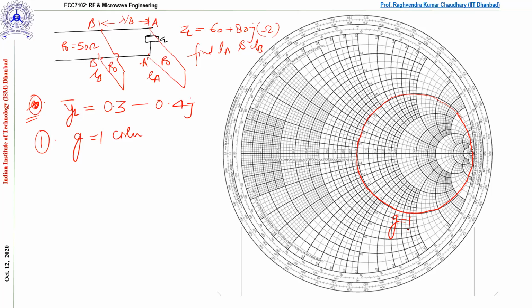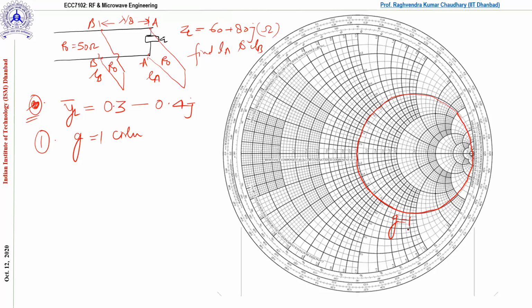Now what we need to do, because when I mark the G is equal to 1 circle, it means that right now we are at BB dash. So we need to rotate this G is equal to 1 circle by lambda by 8.